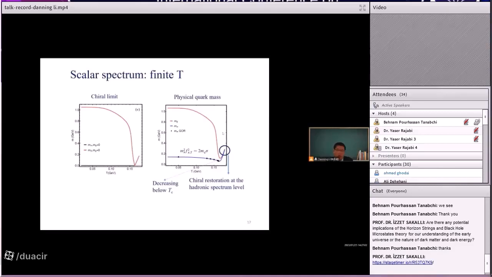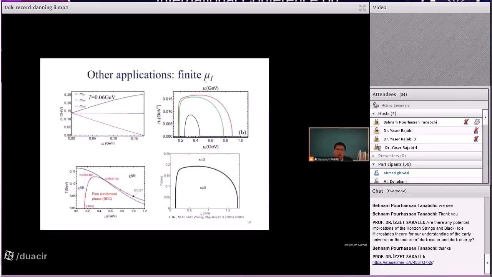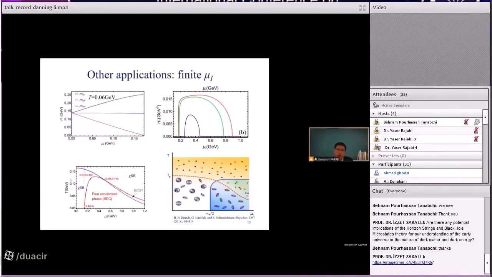And we can also extend this study to many other cases. For example, to finite isospin density, we also calculate the pion condensation transition, and we see that the qualitative results are quite similar to the effective model calculation, and the left part is quite similar to the lattice simulation.